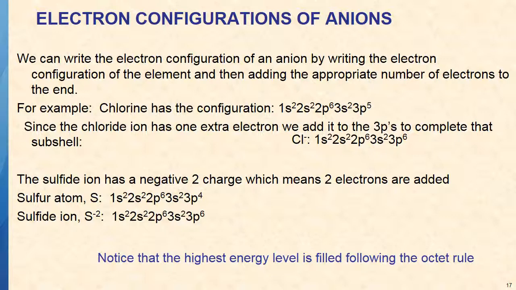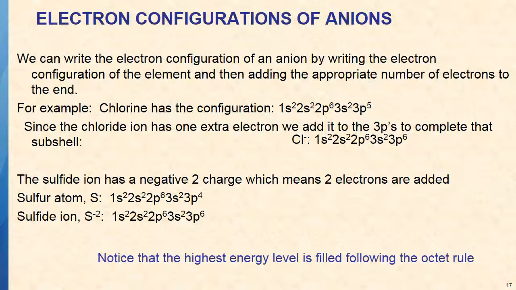Well, just like we suspect, chlorine gains 1 electron to fill the outer shell, so if we add 1 more electron to it, it will add to that 3p subshell, filling the 3rd shell to complete the shell. So the configuration for chlorine ion with the -1 charge is 1s2, 2s2, 2p6, 3s2, 3p6.